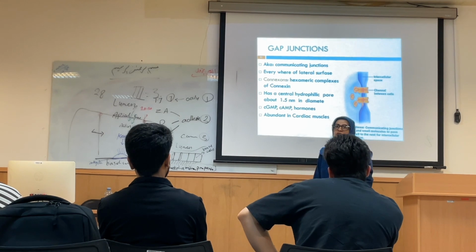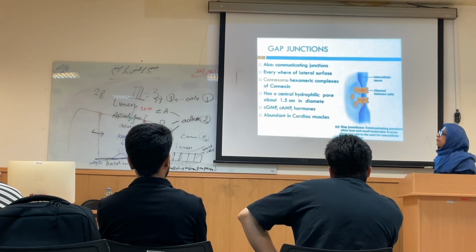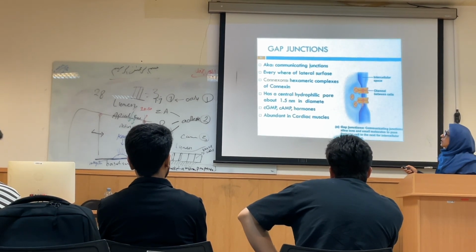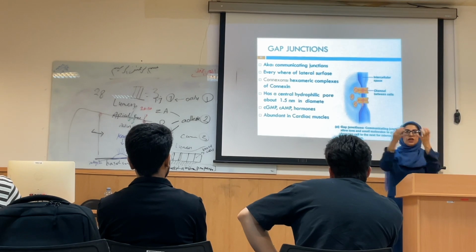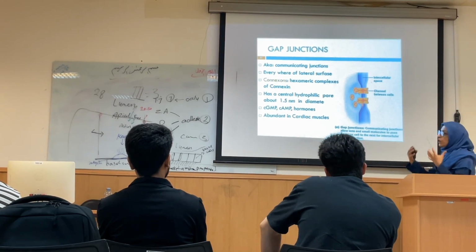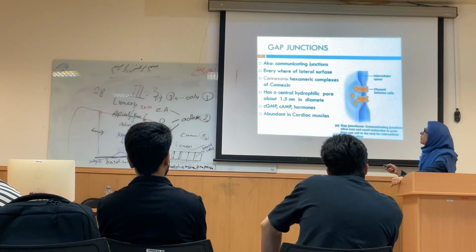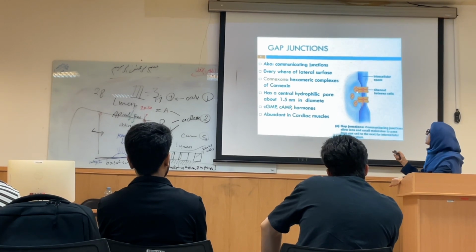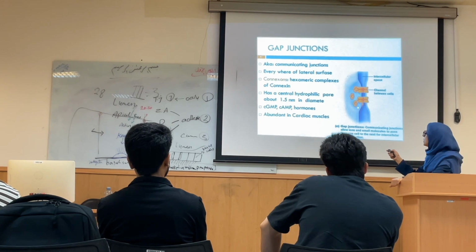The next type is the communicating junction, which connects cells together. Its other name is the gap junction. It is located everywhere on the lateral surface because the cells want to connect and exchange things together, such as small molecules or hormones. For this connection and communication, there is a structure named the connexon, this orange one. Here is another one.